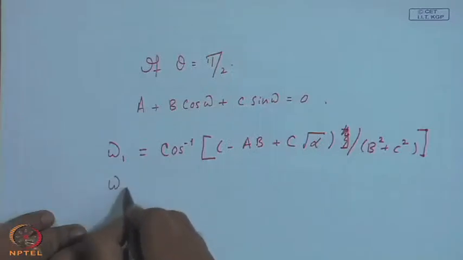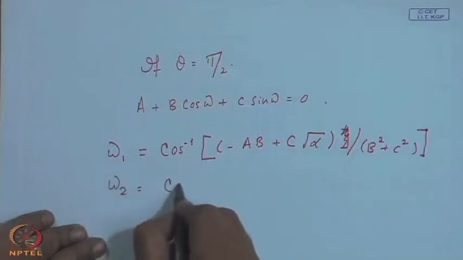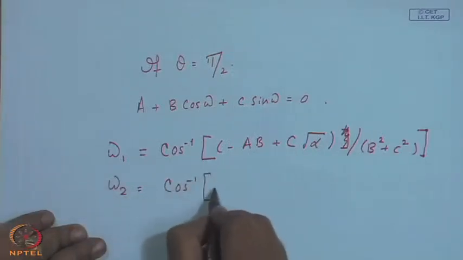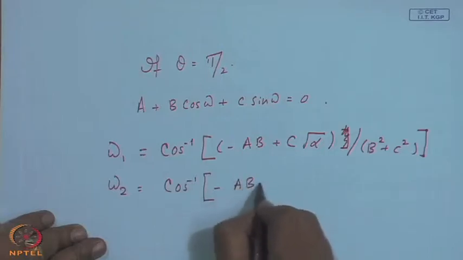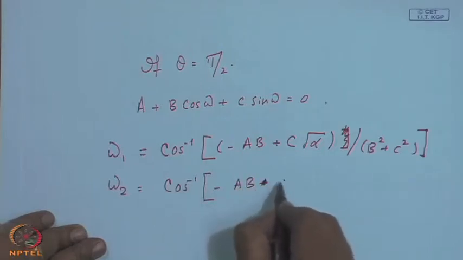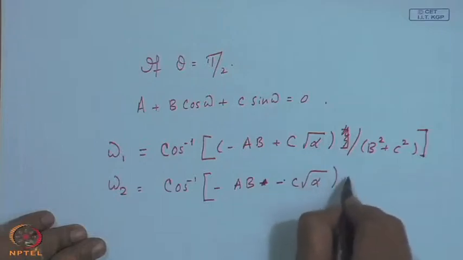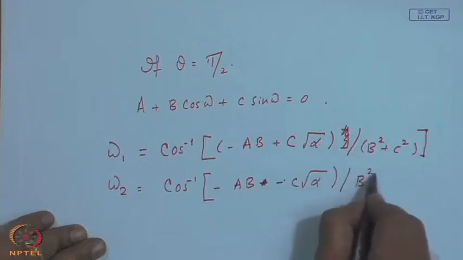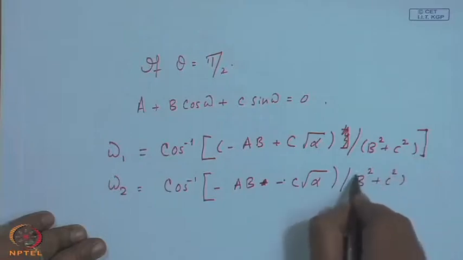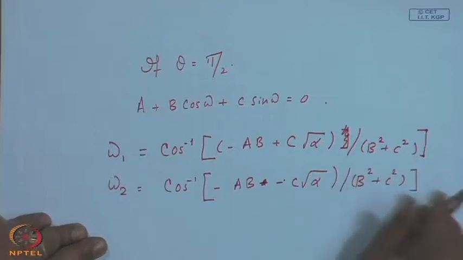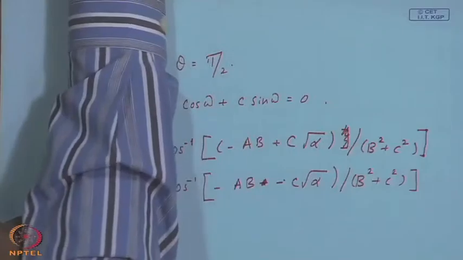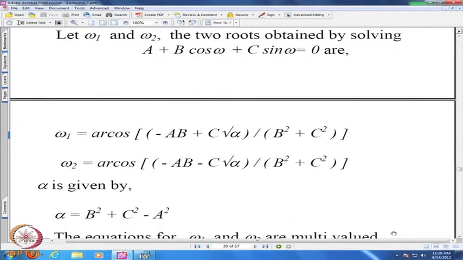In that process somewhere a sign is lost, and you will get omega 2, where this alpha is b squared plus c squared minus a squared.